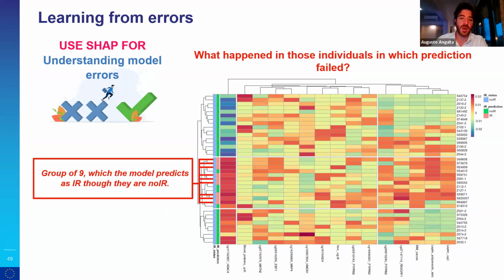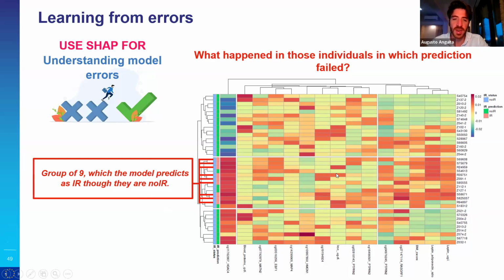And finally, we can also use this for learning from errors. What we did here was take those examples in which the model makes a wrong prediction, those individuals in which prediction failed. This was a group of 9 individuals which the model predicts as insulin resistant, but they are non-insulin resistant. So these are false positive examples.